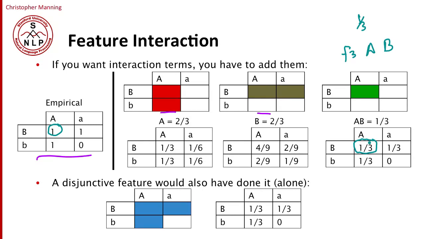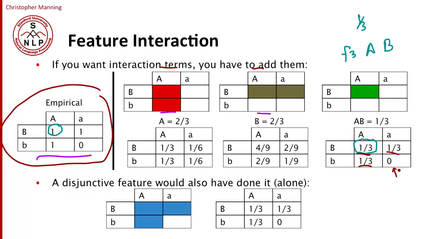Well, given our other feature constraints coming off these other columns here and here, then what we get is that the probabilities are 1/3 in each cell, and we exactly model the empirical distribution, including, of course, that we now do get probability 0 for the remaining cell. Of course, that's not the only way that this could have been achieved.